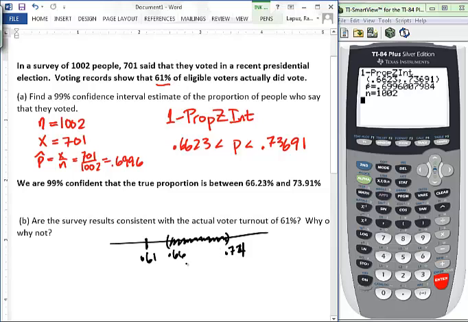So it seems like more people in the survey were saying that they voted than those people that actually did vote. So are the survey results consistent? I would say not really consistent with the confidence interval.